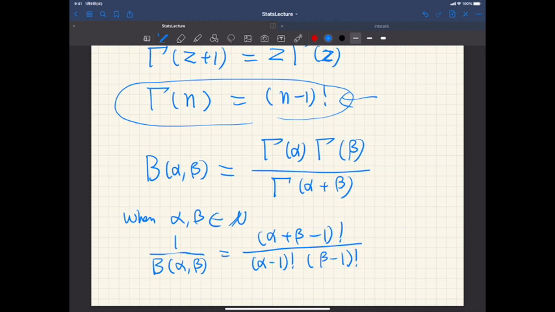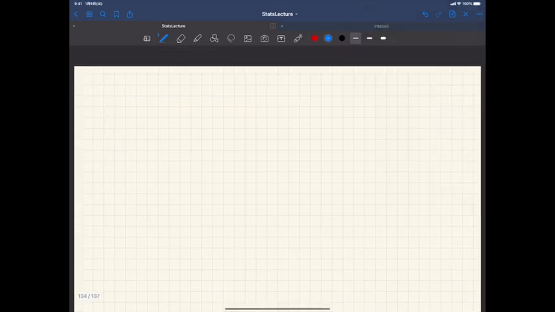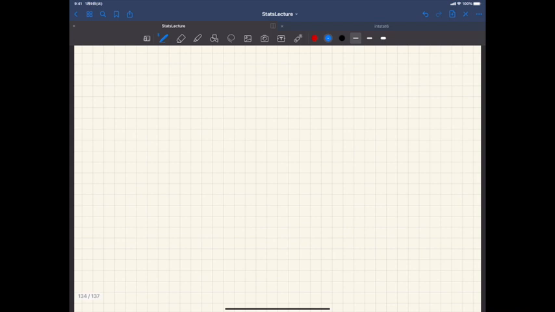This almost looks like a combination, almost like α+β choose α or something like that, but a little bit different. So if you use this formula for natural numbers α and β, then you can rewrite the density function of the beta distribution as this.